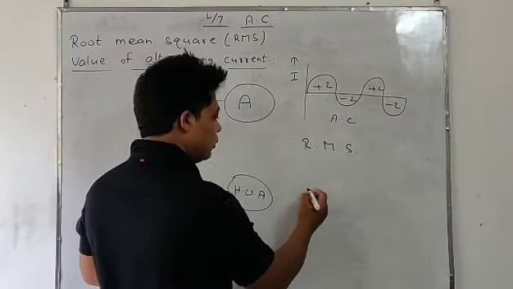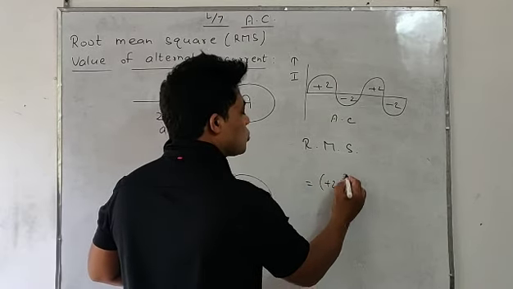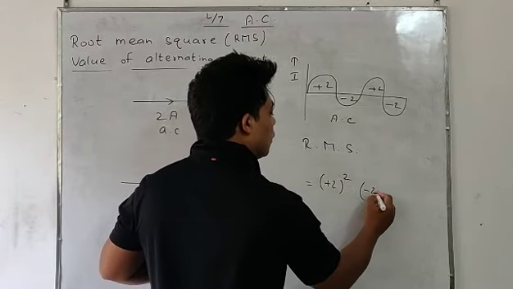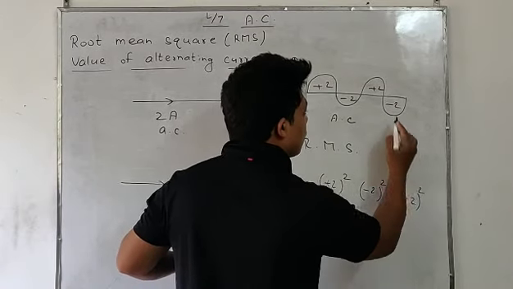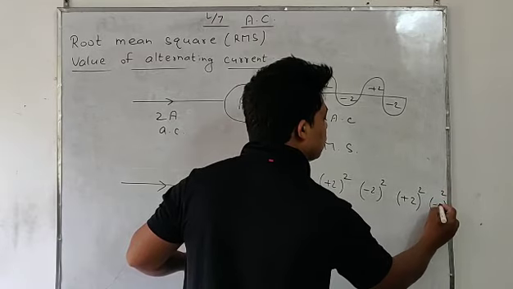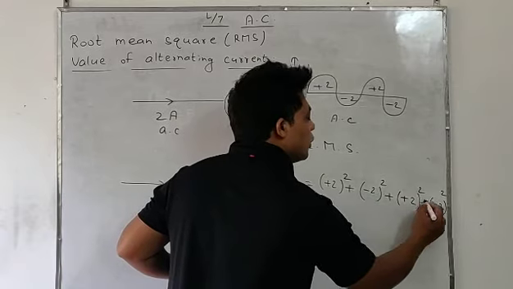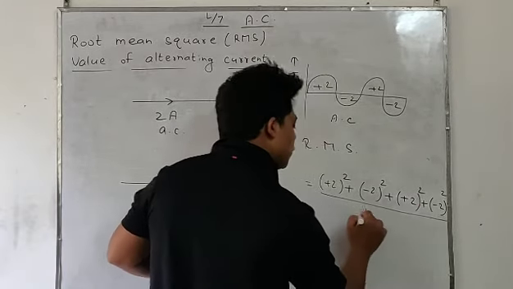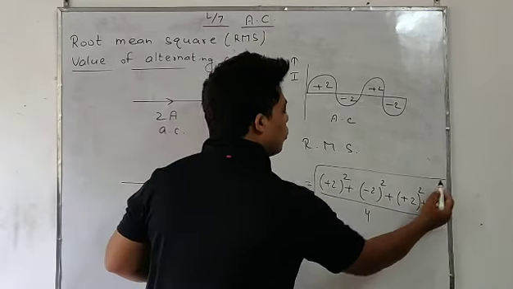How? S means square. So taking the square, students: plus 2 square, minus 2 square, plus 2 square, minus 2 square. Square, then mean, sum of objects divided by number of objects. Then root, so we take the root.